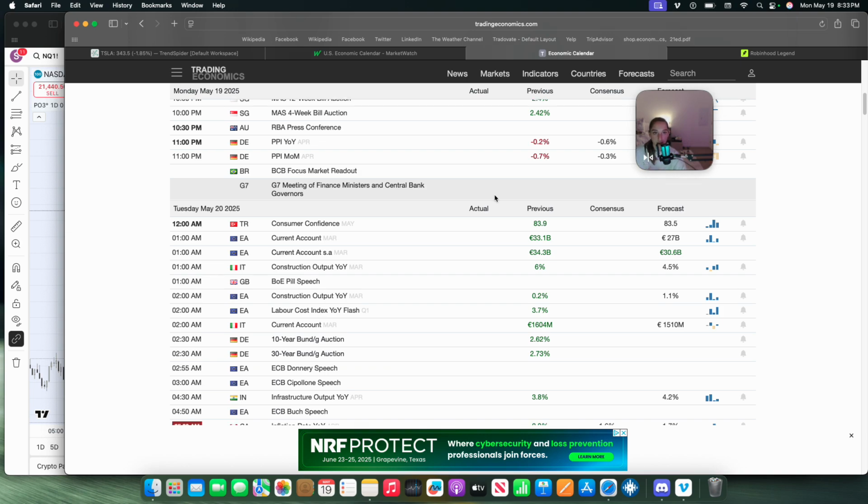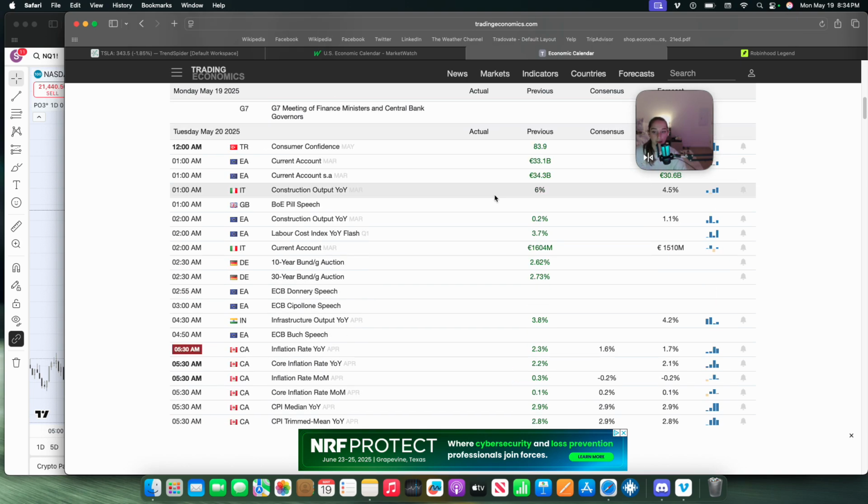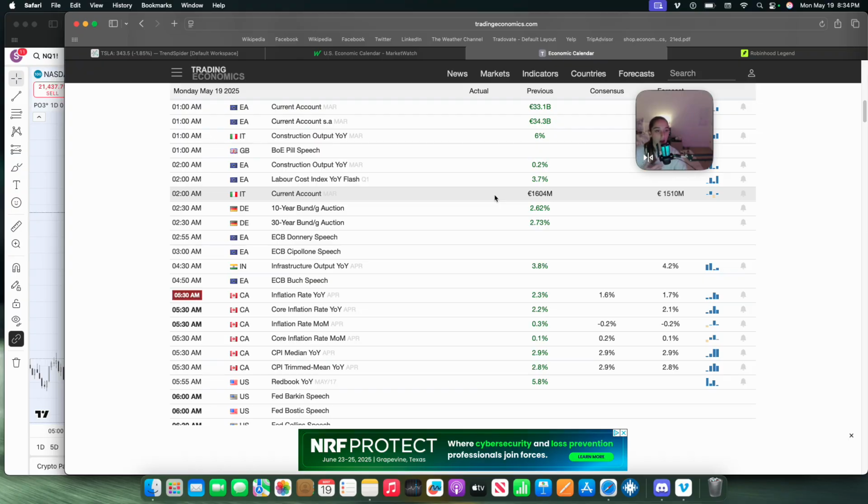Next thing is you need to look at the economic calendar and see what type of data we have. Obviously, I would be doing this the night before because sometimes data will come out an hour before the market opens, so then we get a big move.